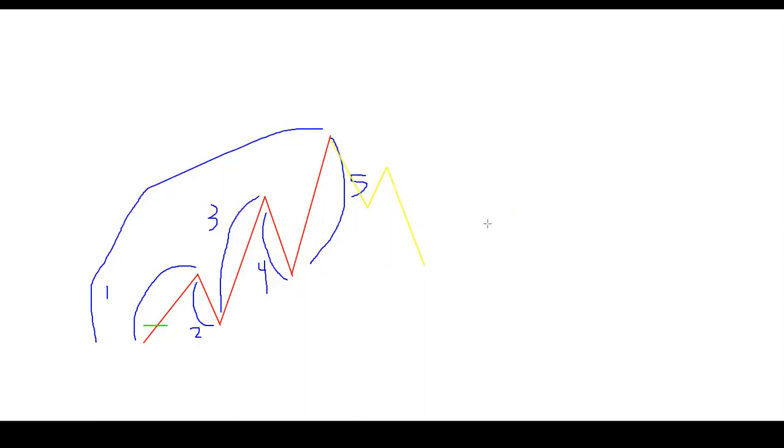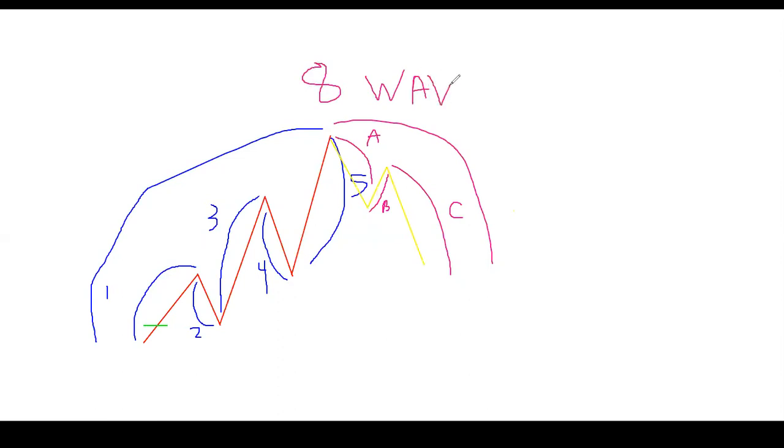From right here to here, that's wave A. From this low to this high, that's B. And then from this high to this low, that's C. That's a whole 8 waves. 8 waves equals 1 cycle.